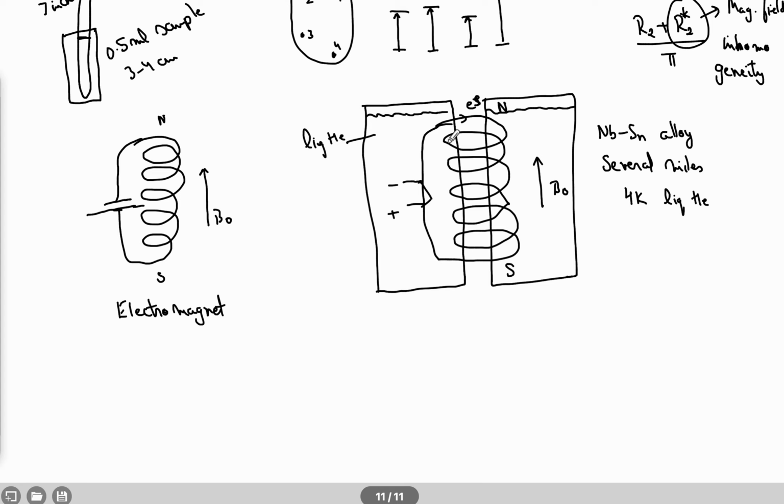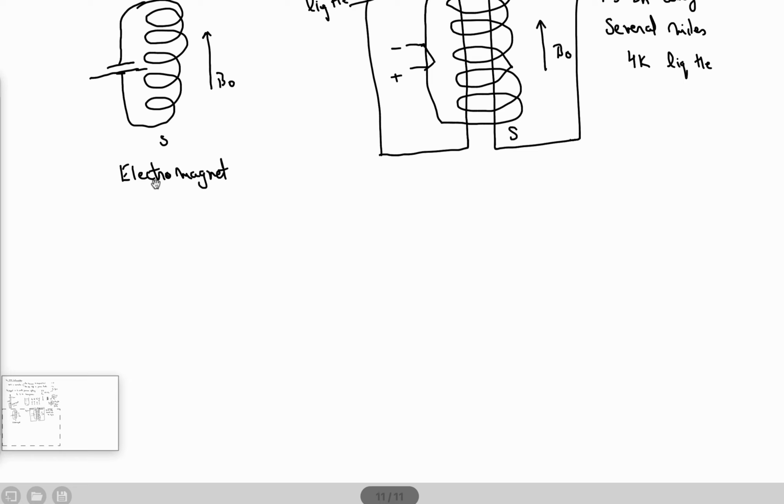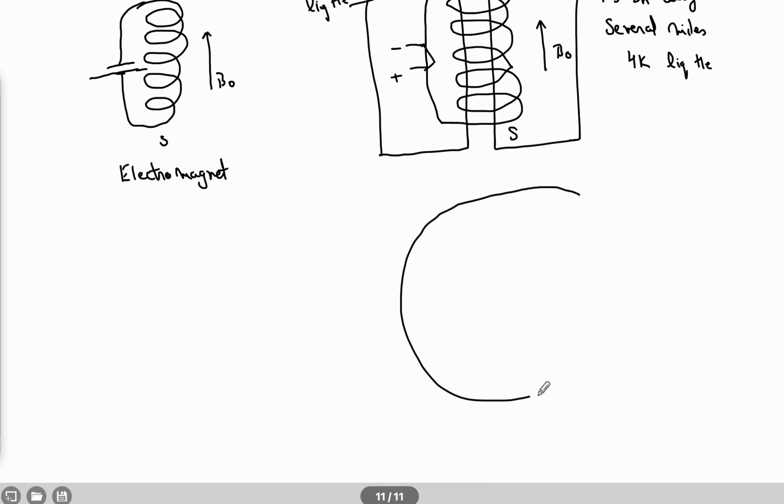Okay, I know this looks a little confusing, why there is a gap in between. If you look from the top, it looks like a circle. It's a cylindrical kind of arrangement where there is a bore which is empty.